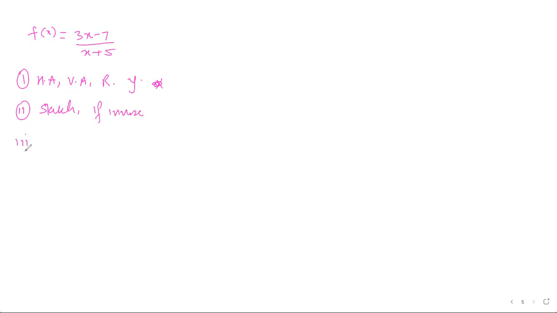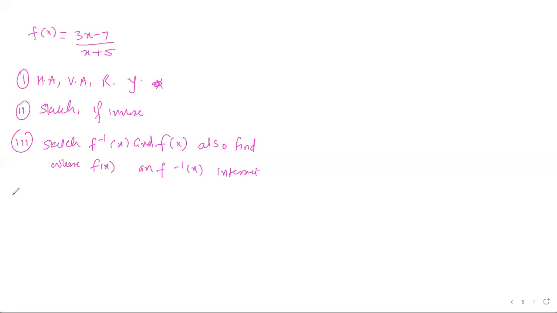Third is sketch f inverse x and f x on the same grid, and also find where f of x and its inverse intersect, if at all. Fourth is find an expression for the inverse.